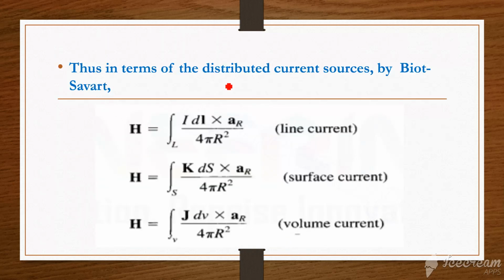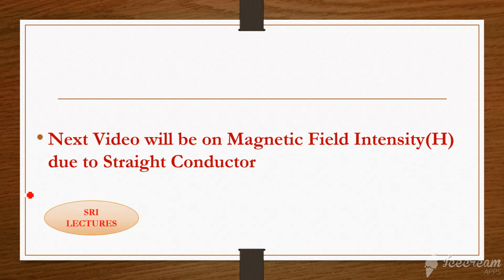So in terms of distributed current sources, the Biot-Savart law is, with respect to line current, IDL. In the second case, this element is replaced by the surface element K into dS, and in the third it is replaced by the volume element J into dV. This is with respect to line current, surface current, and volume current. The next video will be on magnetic field intensity due to a straight conductor.